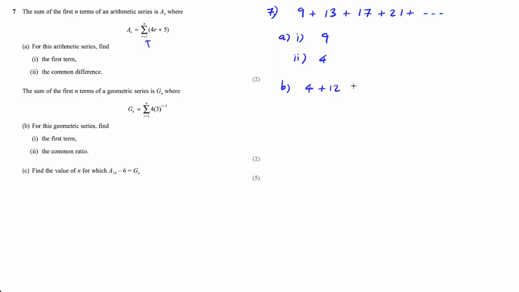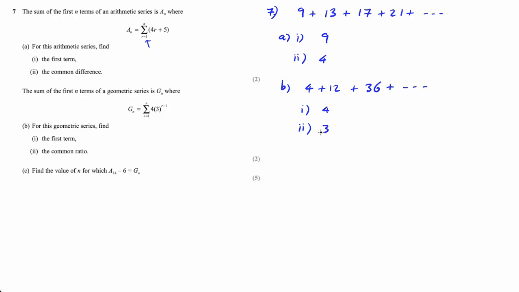Then the next one, we sub in 3. 3 minus 1 is 2. 3 squared is 9. 9 times 4 is 36. So you can see what's happening here. We're starting with 4 and we're multiplying by 3. So the answer is: the first term is 4 and the common ratio is 3.